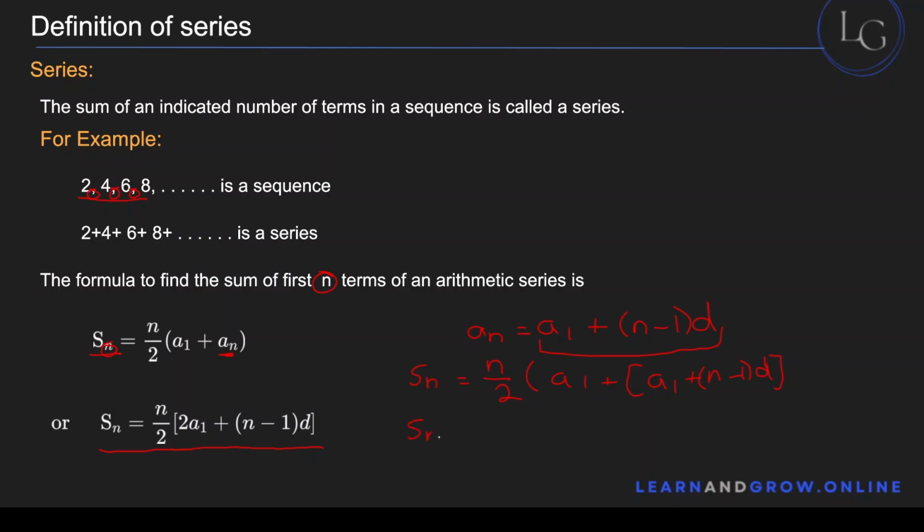And so when you further simplify it, that becomes n over 2 into 2a1 plus n minus 1 into d. And so that is what you have here.